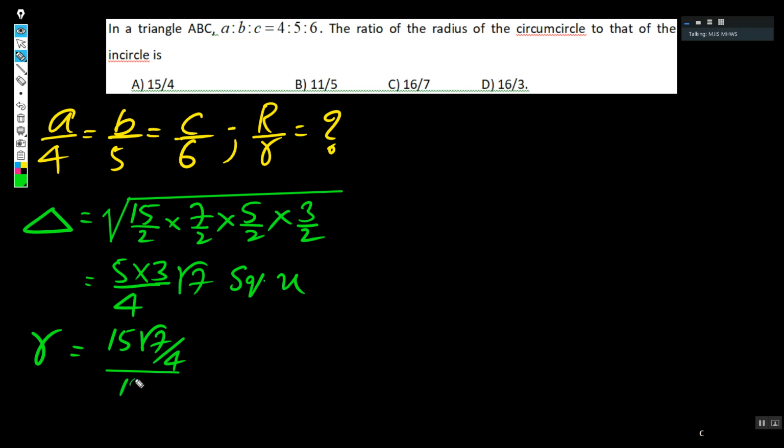So your r becomes, to simplify that, 15 getting cancelled, 2 goes two times. So your r is equal to root 7 by 2. Keep it like that.